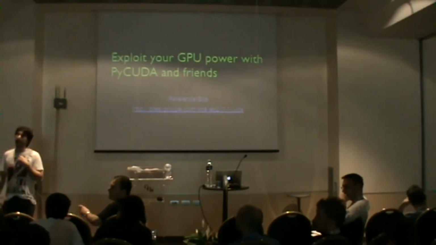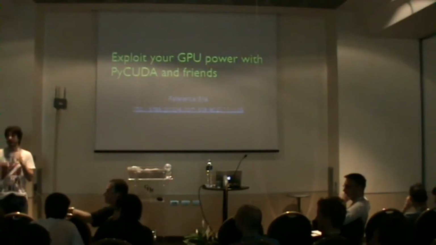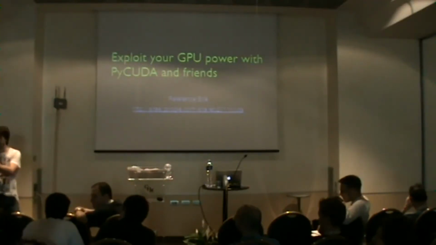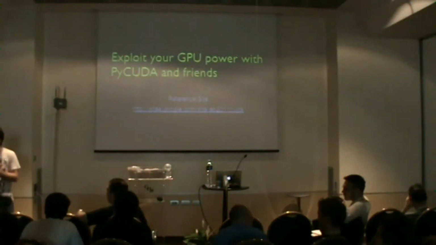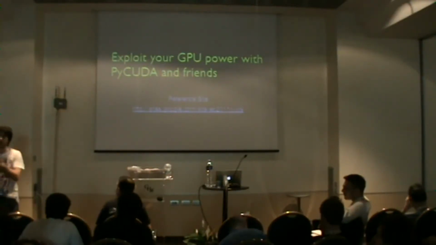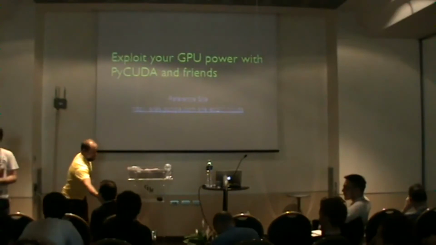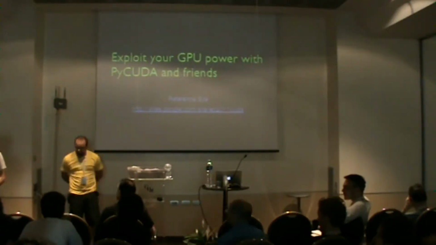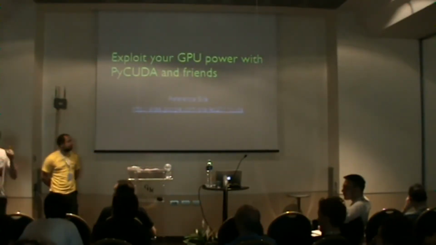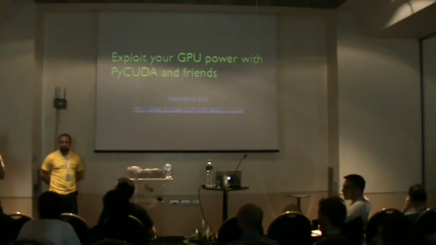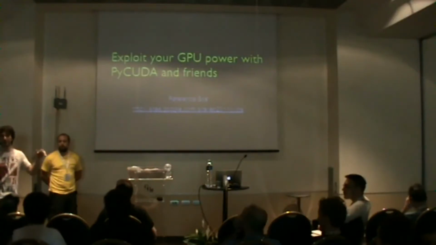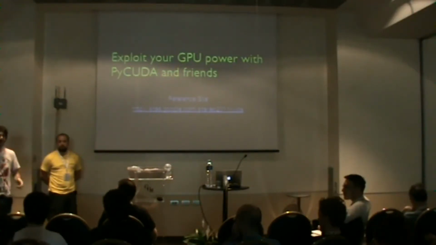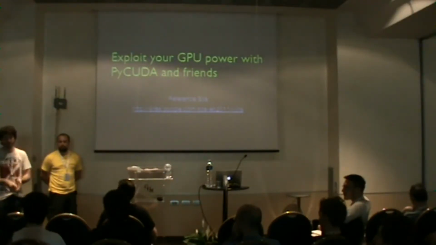Yes, there are a lot of libraries for doing this kind of signal processing. Nvidia provides its own library for doing fast Fourier transformation. For this talk, I wanted to implement the wavelet compression algorithm for an image, but I don't have enough time.